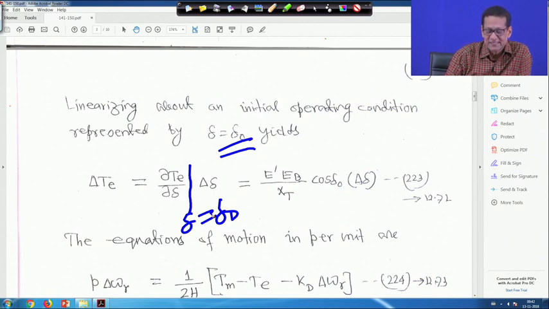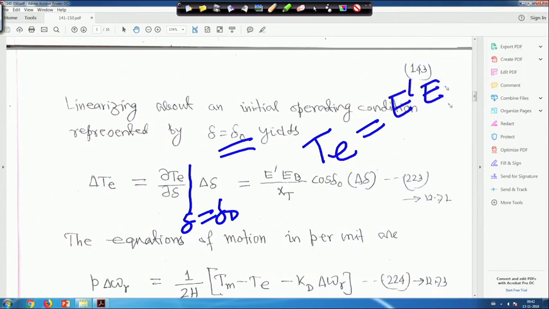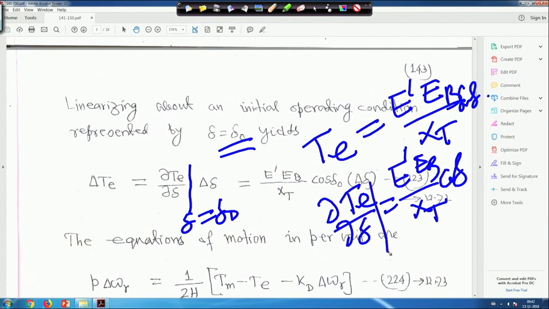If you take delta T upon delta delta, that is E' E_b upon X_T cos delta, and at delta is equal to delta 0, this will be cos delta 0.